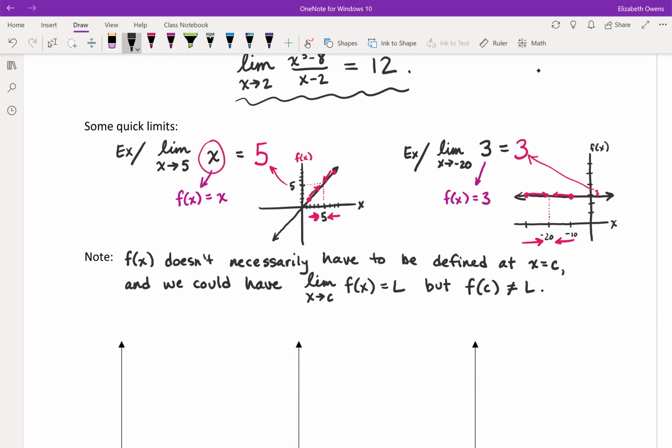Okay, so that is kind of notation heavy there. Let's take a look at some pictures, some graphs here to see what that note is really saying.